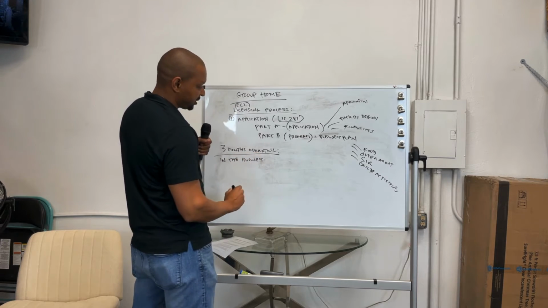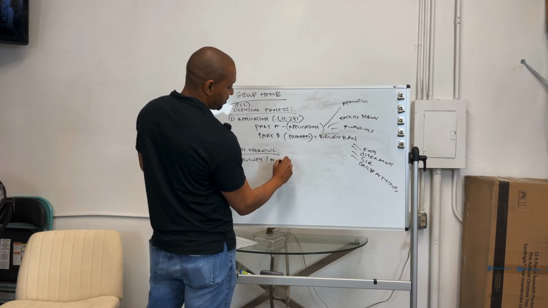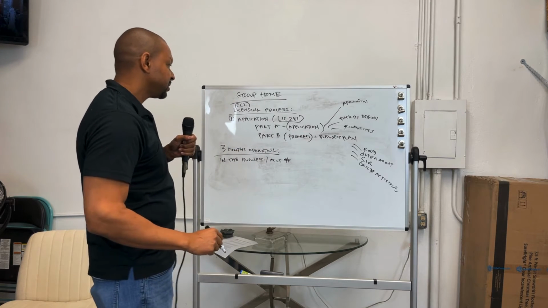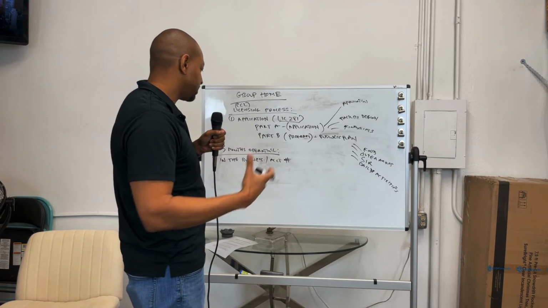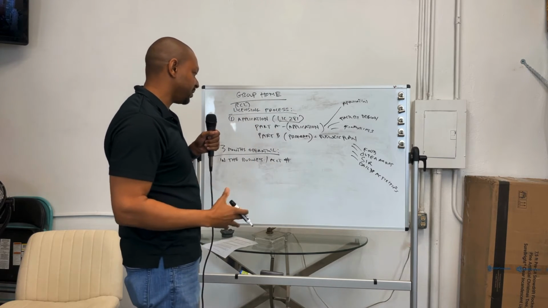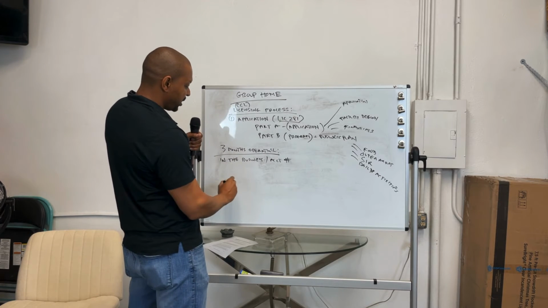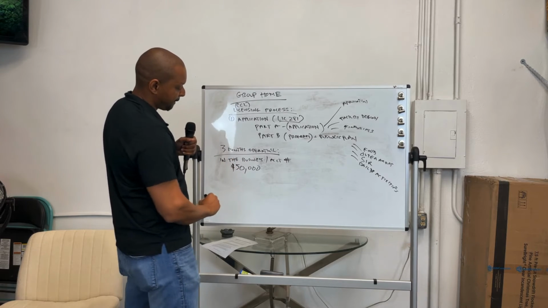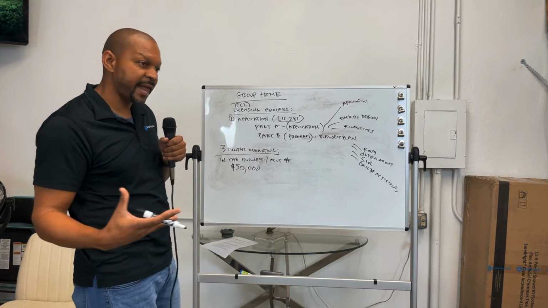Has to be in the business name, and you have to have an account in the business name. So your account number is set up in the business name. The average operating cost that you're going to have to show in the bank is about $50,000. So that'll kind of give you an idea of what you need to have.